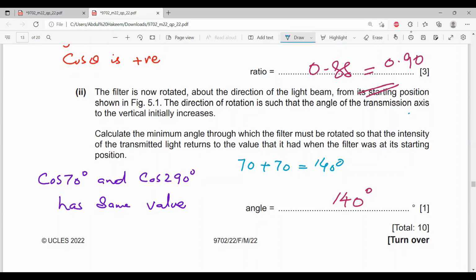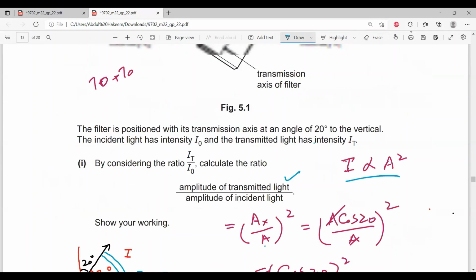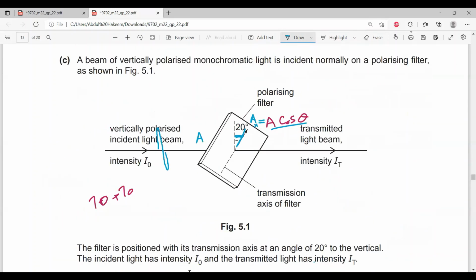Calculate the minimum angle to which the filter must be rotated so that the intensity of the transmitted light returns to the value that it had when the filter was in its starting position. So here it's written such that the transmission angle increases. So it is rotated in this direction: 20, 30, 40, in this direction.